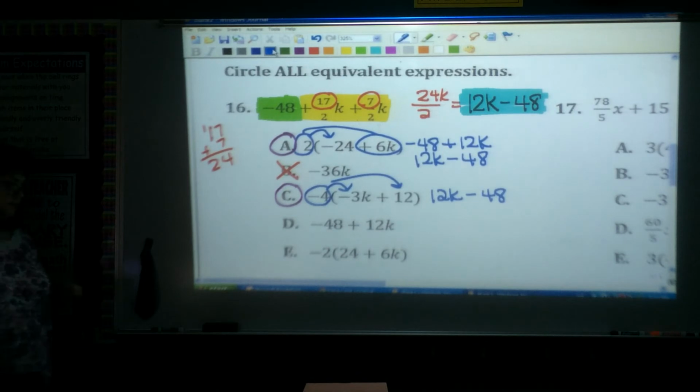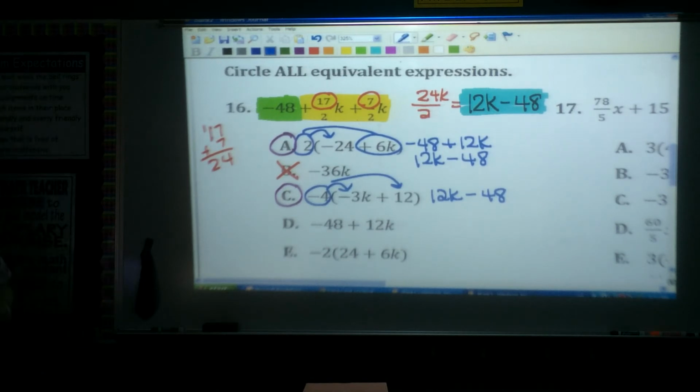Choice D looks like it could be similar. It's just in a different order. When we rearrange it where it's in the same order, then we have the same answer. Remember that when you change the order, you want to take those signs with you. So this negative 48 becomes the minus 48 in your expression.